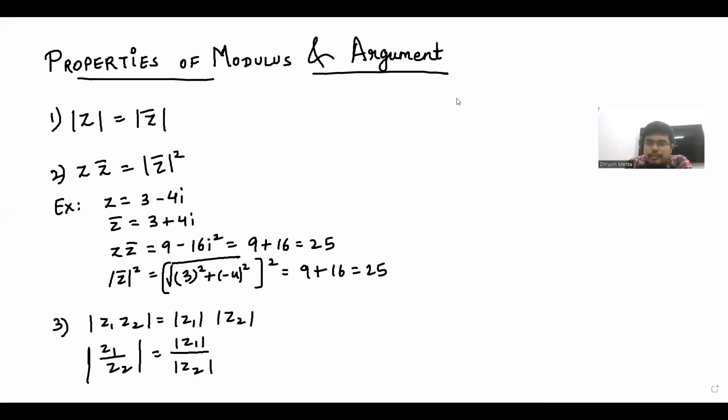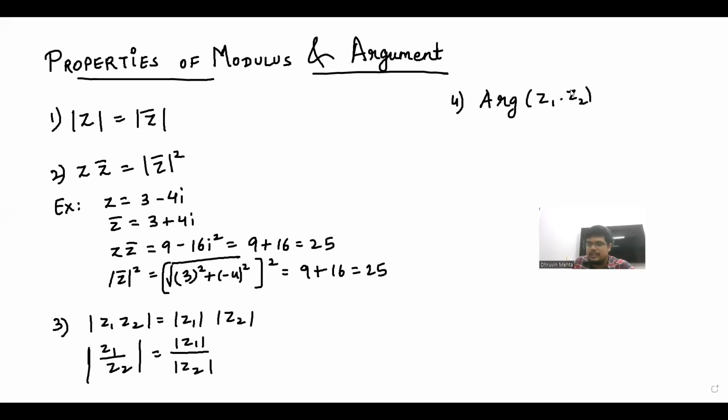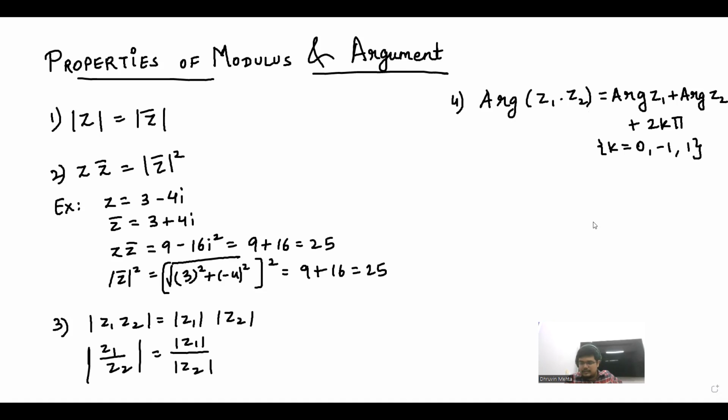चलो, नाउ लेट्स टेक द प्रॉपर्टीज ऑफ आर्ग्यूमेंट. देखो, आर्ग्यूमेंट में if we have argument of z1 into z2, ठीक है, multiplication of two complex numbers, then we can split this as argument of z1 plus argument of z2 plus 2k pi, where k is either 0 or -1 or 1. और ये हम सम टू सम वेरी करेगा, ये हम डिसाइड करेंगे सम्स में कि k का वैल्यू क्या होना चाहिए. द टारगेट इज दैट सी आर्ग्यूमेंट होता है tan इनवर्स आर्स, सो द आंसर शुड लाई इन द रेंज ऑफ tan इनवर्स. दैट इज द टारगेट.